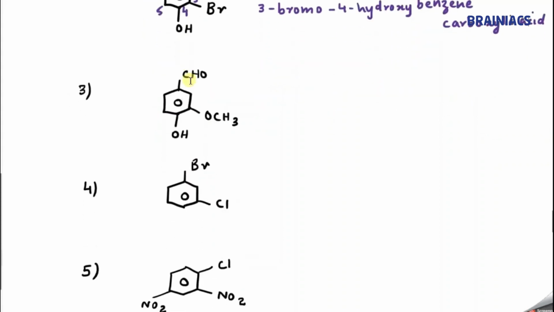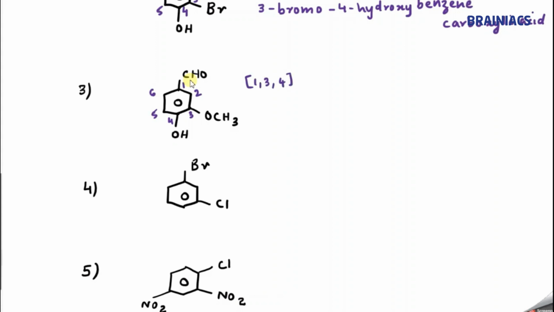Now what about the next question? So here CHO and OH are there. So we know the principal functional group is CHO. So most preference 1, then 2, then 3, then 4, then 5, then 6. So the lowest possible locant is 1, 3, 4. Correct? So can you tell the name of this compound?